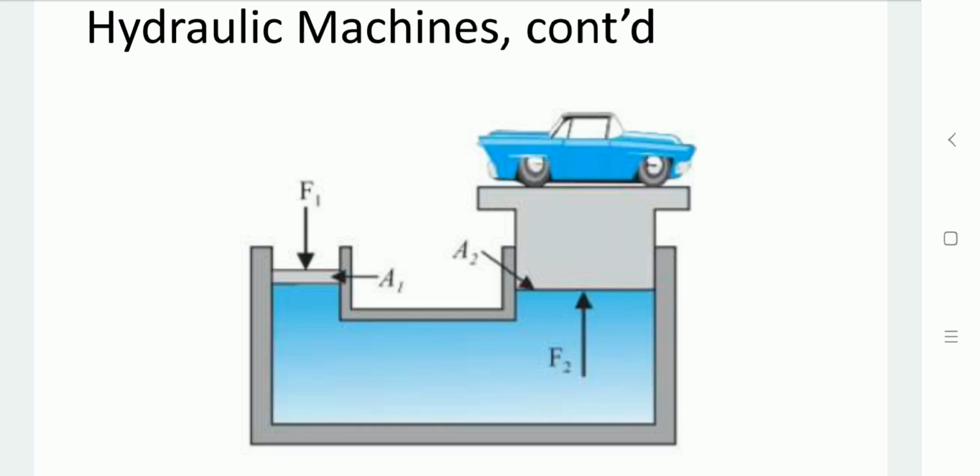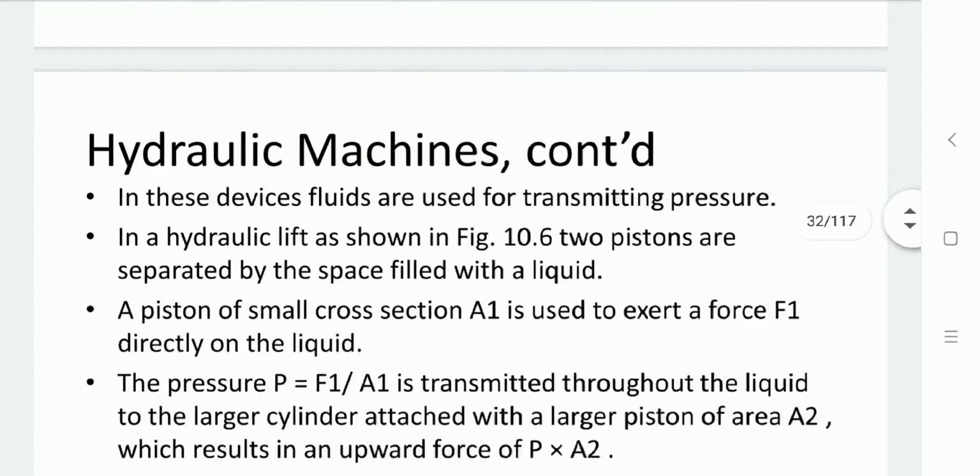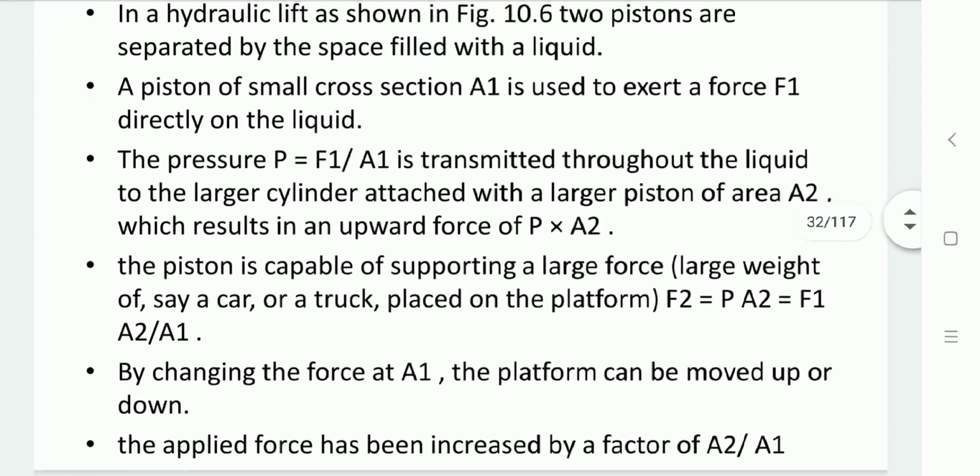So substituting the value of pressure, we get F2 equal to P into A2 equal to F1 into A2 by A1. So if we change the force at A1, then the platform will move upward or downward, which generates a force increased by the ratio of A2 by A1.